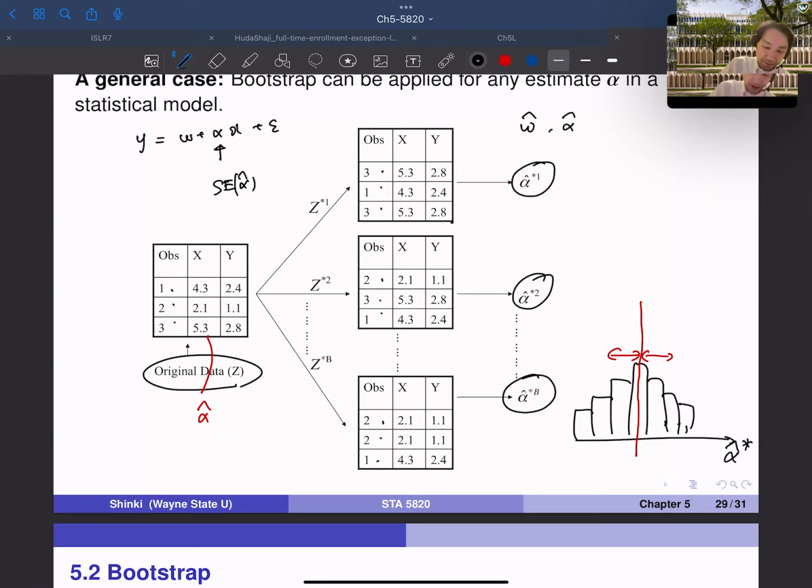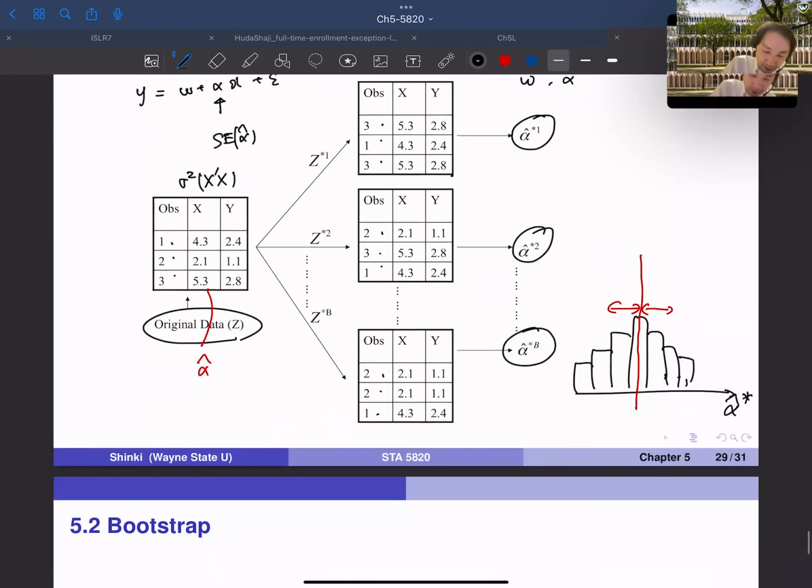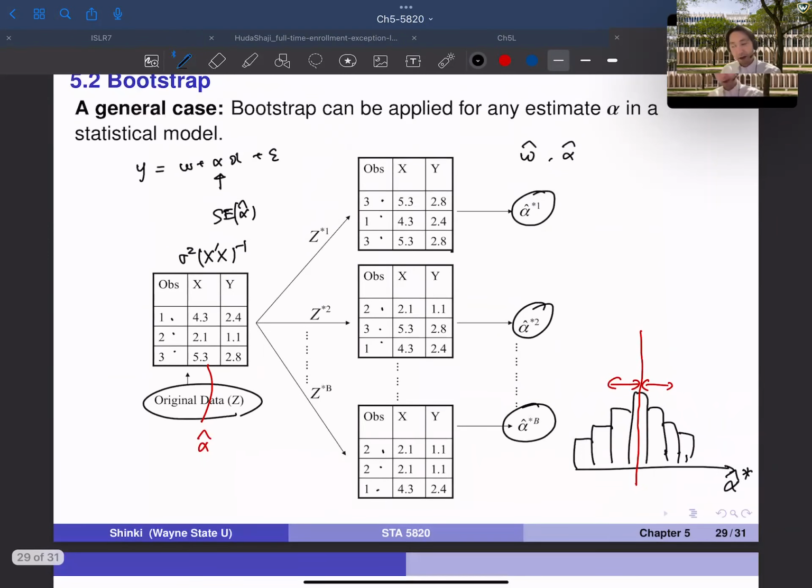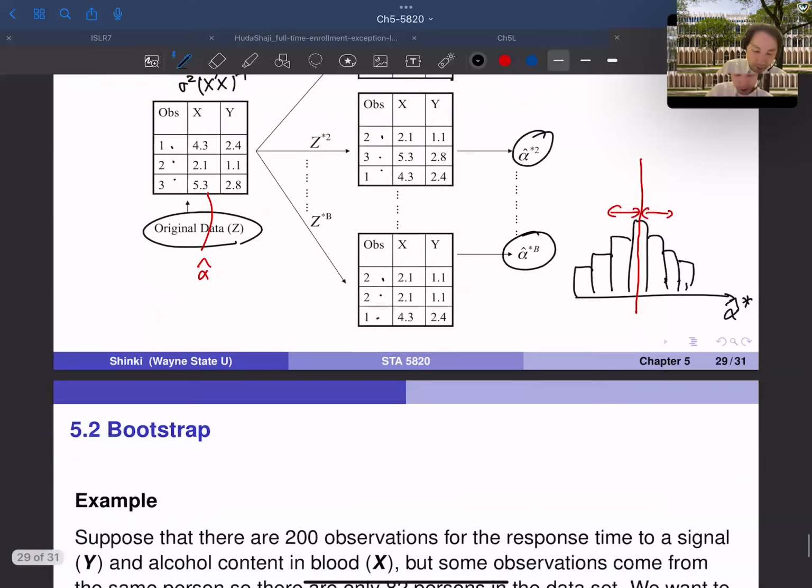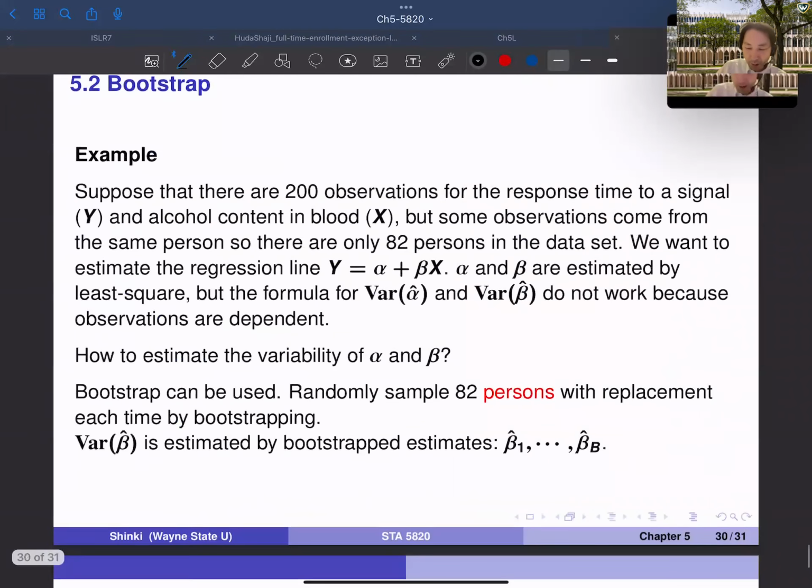In matrix form, X transpose X with X the design matrix, this estimates the standard error of omega hat and alpha hat. The covariance matrix is estimated by this. So why do we need bootstrap? In some complicated cases, the bootstrap is really needed. For example, here.